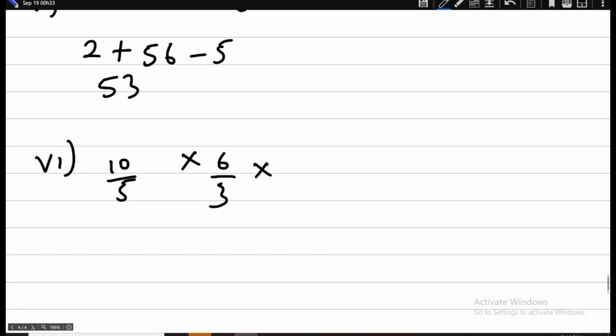First of all, we know that this into this will give us 2, times this into this will give us another 2, then times 7, then plus 8. So first of all, 2 times 2 is 4, 4 times 7 will give us 28. So 28 plus 8 will give us 36 as the final answer. So we go to VII.